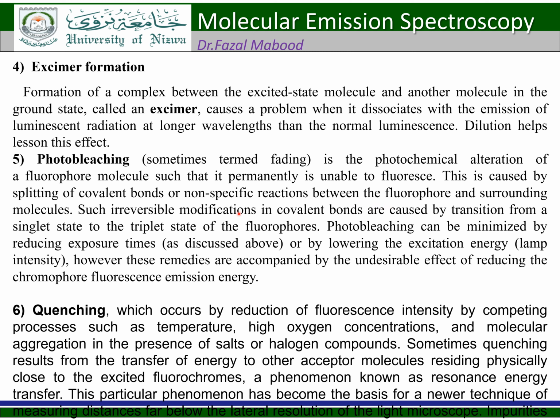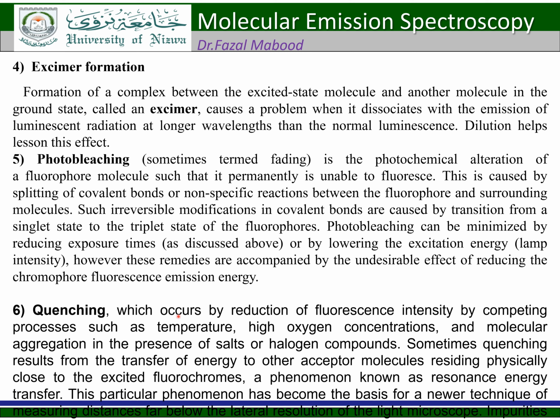Such irreversible modifications in covalent bonds are caused by transition from a singlet state to the triplet state of the fluorophore. So photobleaching can be minimized by reducing exposure time or by lowering the excitation energy.